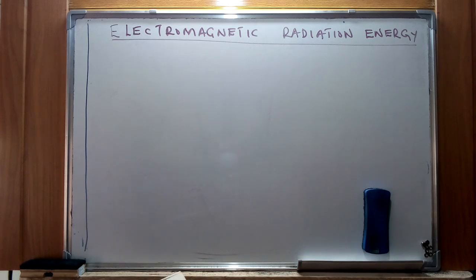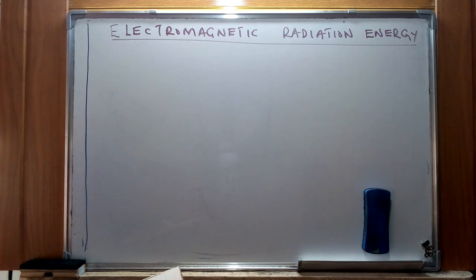So today we're going to look at one of the ways of describing the electromagnetic radiation energy. Having looked in our first video at the concept of electromagnetic radiation, which we basically defined as energy that is carried through space by means of wave-like oscillations, this implied the concept of a wave.